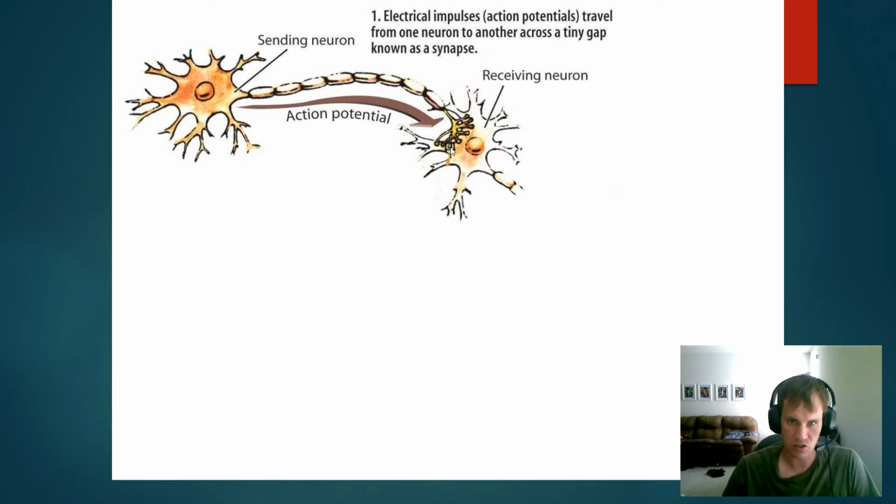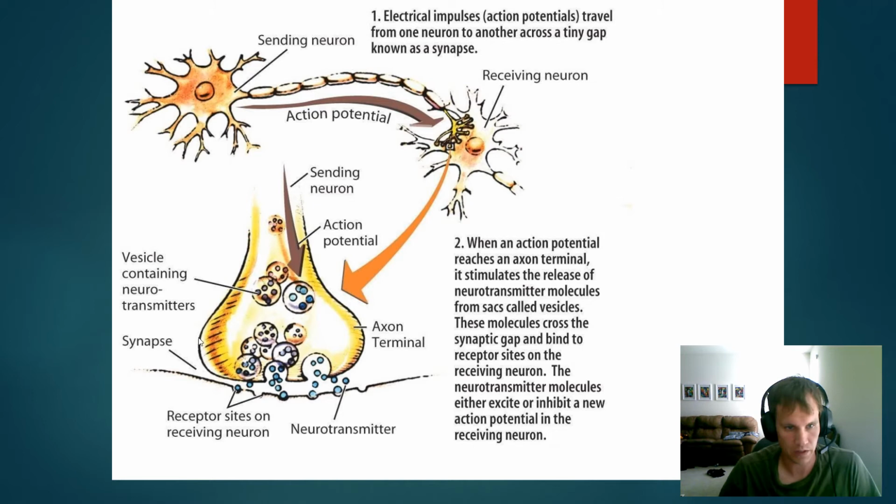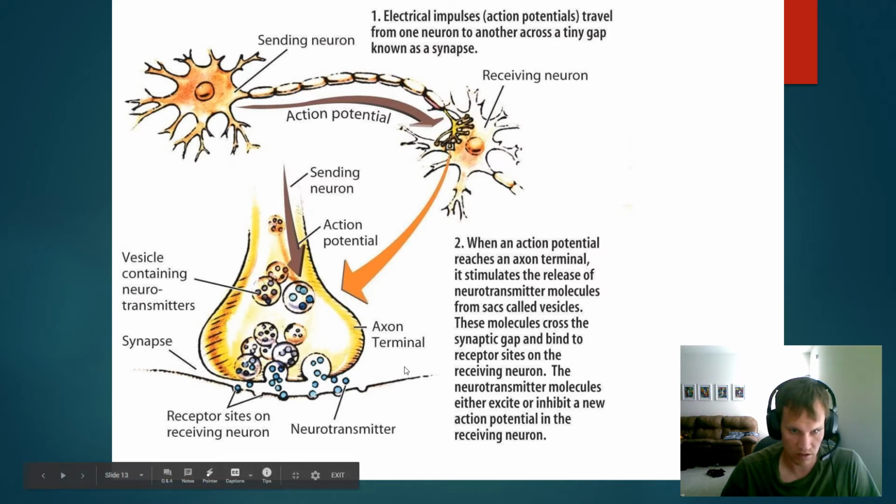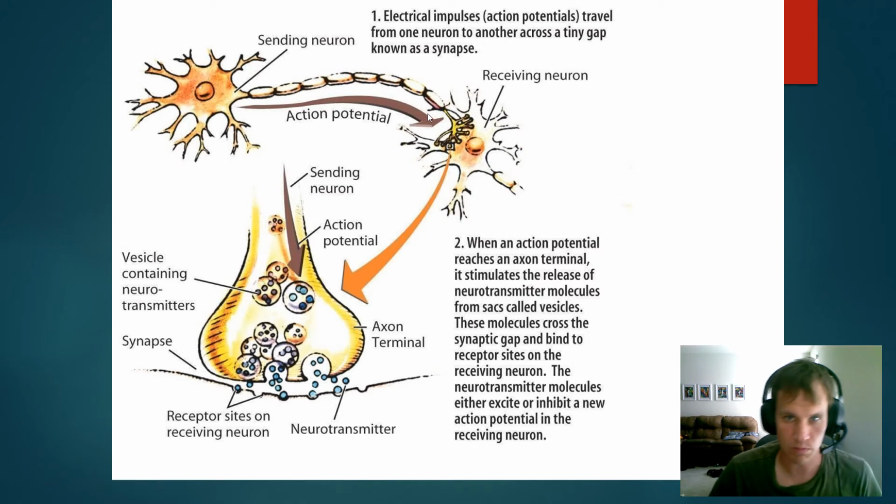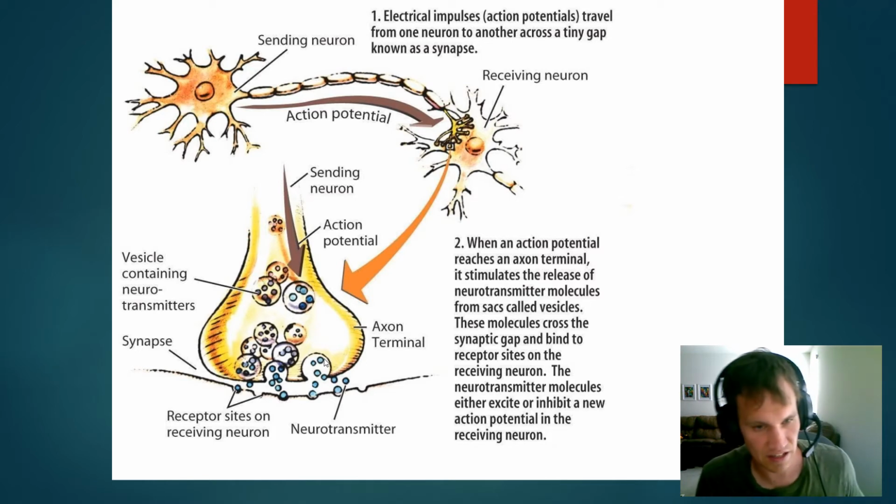It turns out there's a small gap in between, called the synapse. This would be the terminal branch of one neuron, and this would be the dendrite of another. When the action potential comes down, it triggers the terminal branch to release the appropriate neurotransmitters. These neurotransmitters are stored in the terminal branch and released as necessary.